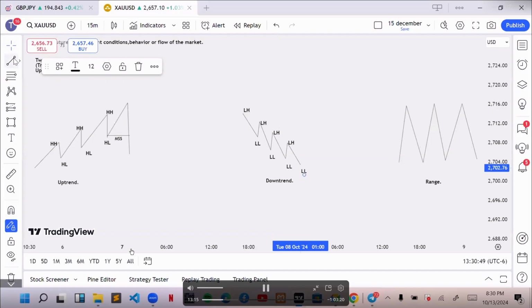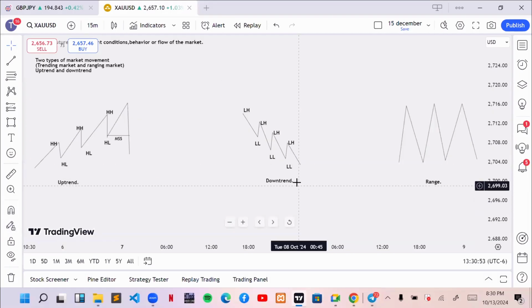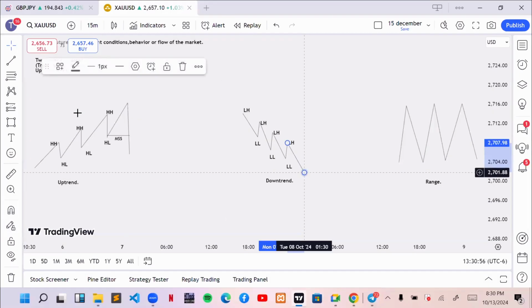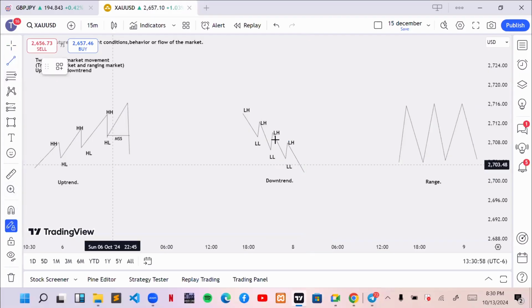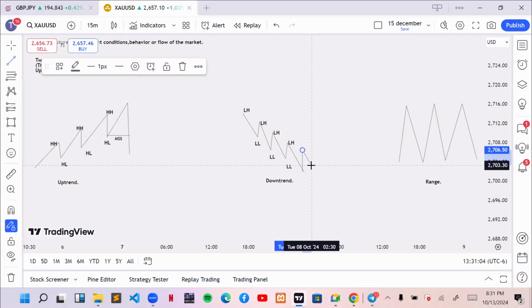But in a situation where the market does something like this, so you know this is the last lower low here, and the market does something like this. Instead of continuing this downtrend by making another lower low and going down, the market now breaks this high and makes a higher high.